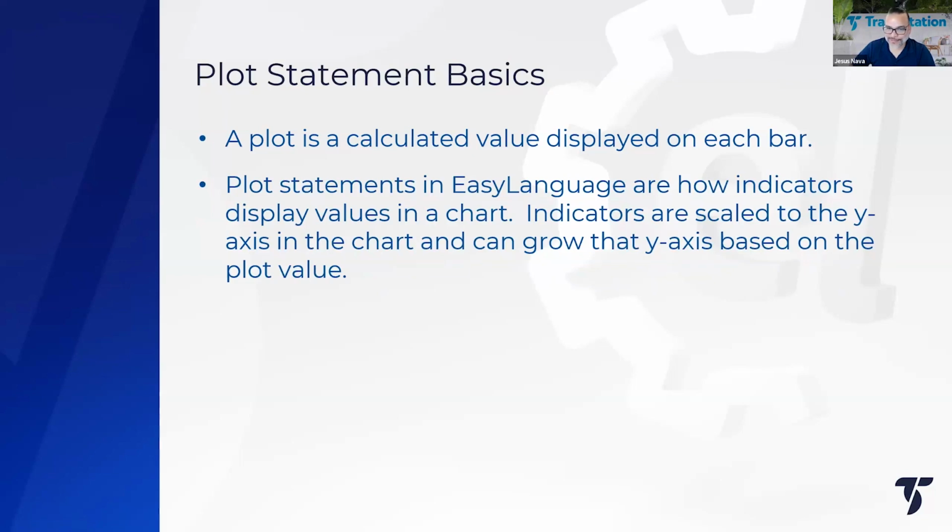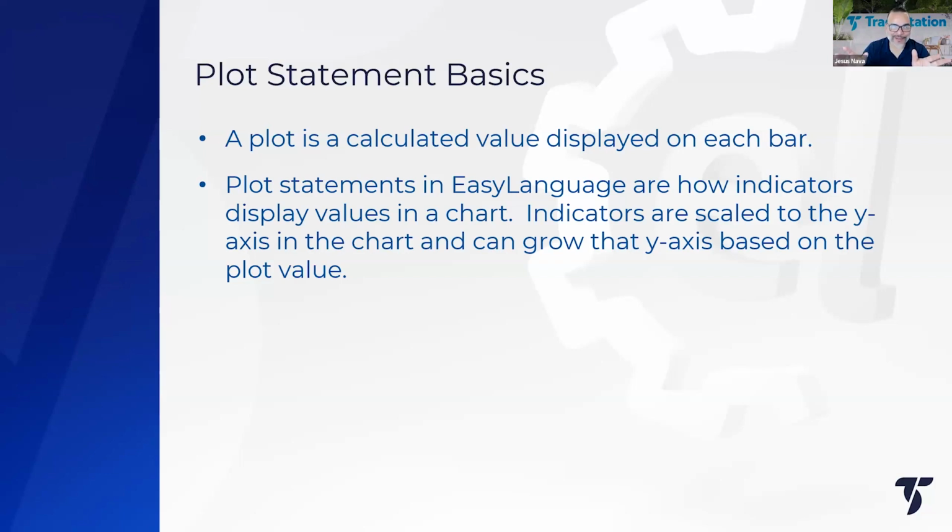I think we kind of explained that just a moment ago. The indicators are scaled to the y-axis in the chart and can grow that y-axis based on the plot value. What that means is that our charting technology automatically adjusts the scale.